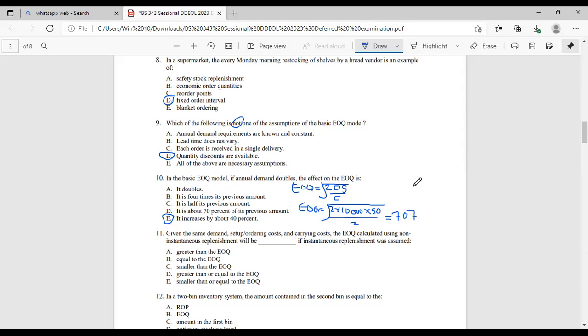So if our annual demand doubles, our EOQ will equal the square root of 2 multiplied by 20,000, then multiplied by 50, then over 2.